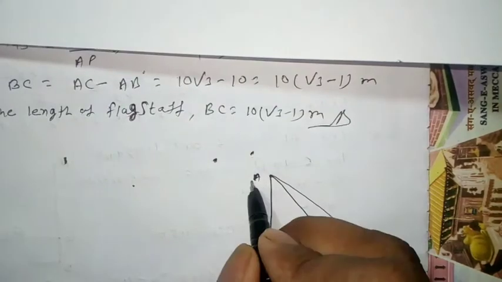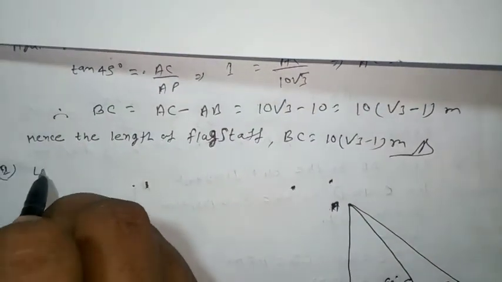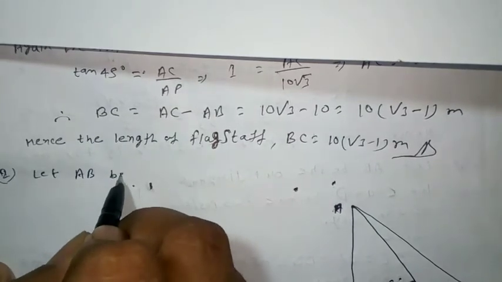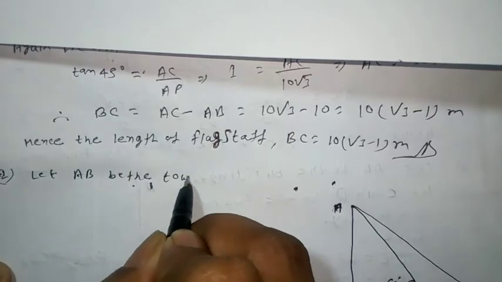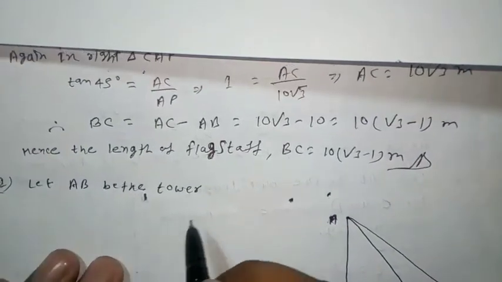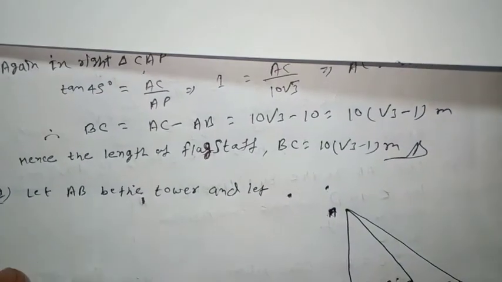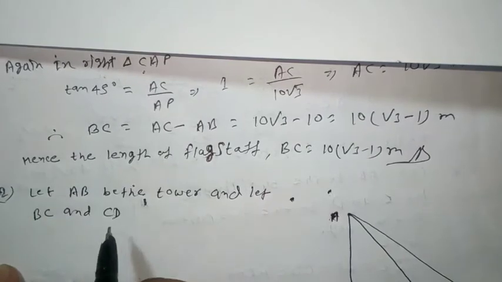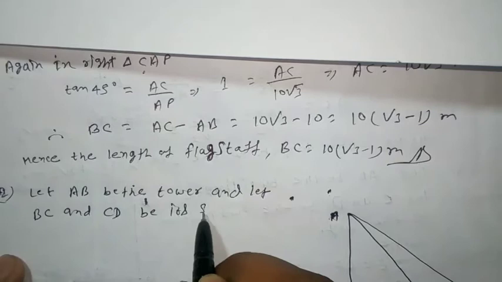Okay, now write in the language. Let AB be the tower and let BC and CD be its shadow.